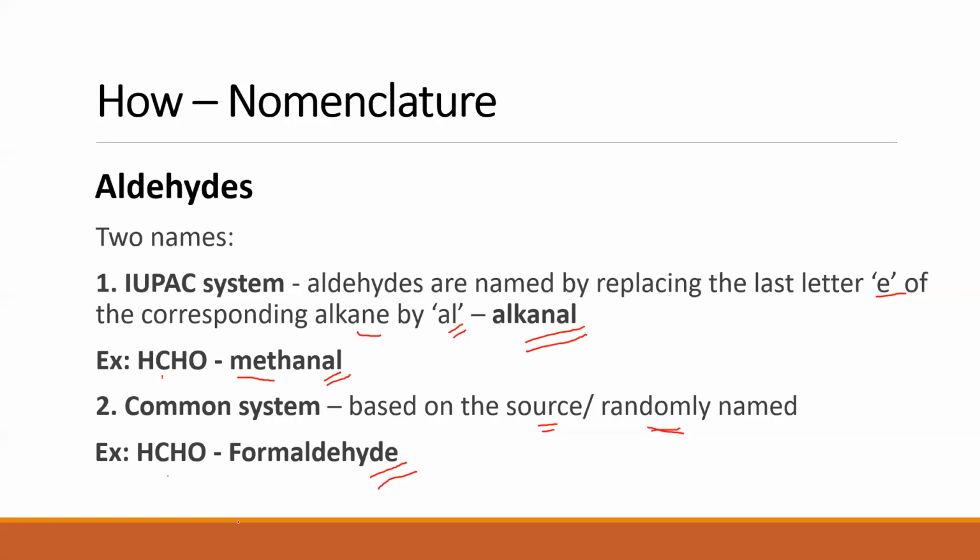Ants, they inject a chemical. This chemical was found to be acidic in nature. Since it is acidic and obtained from an ant, the name of this was formic acid. And this aldehyde is obtained from formic acid. Therefore, the name formaldehyde. Clear? So the IUPAC name, they're named as alkanal. In the common system, it is based on the source or randomly named.